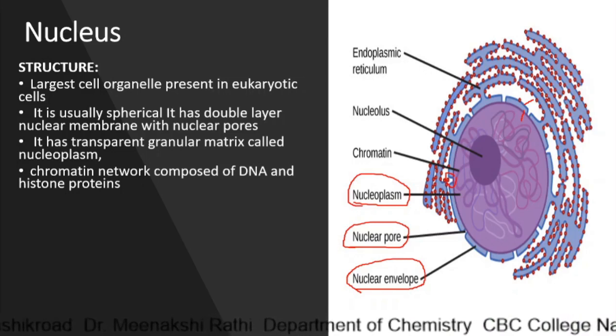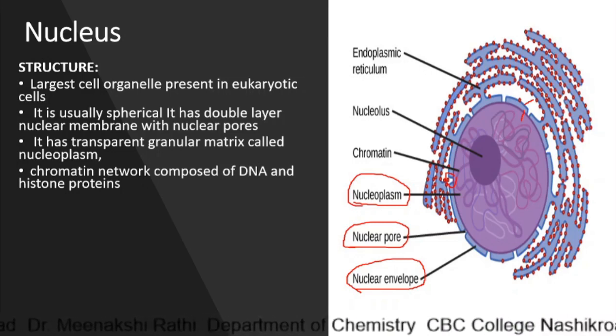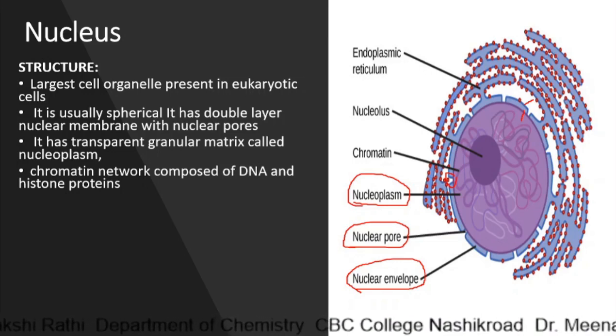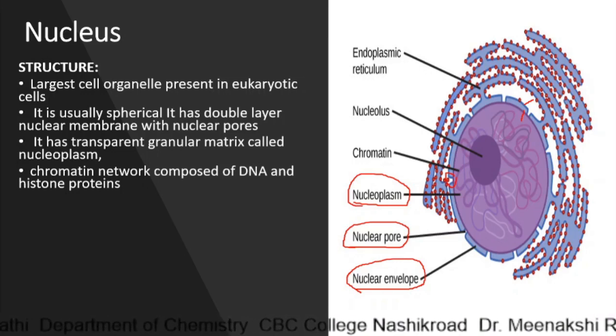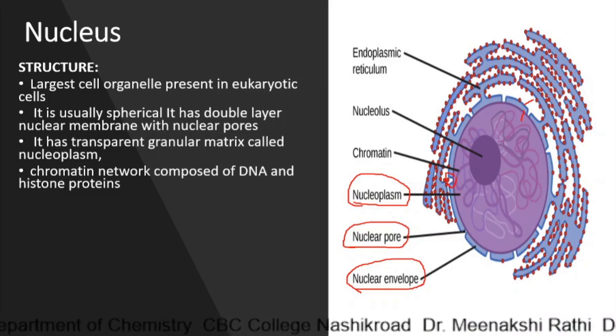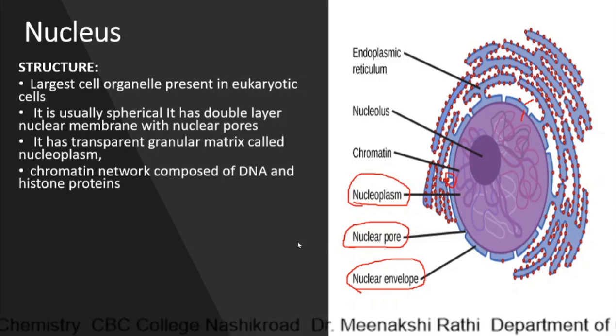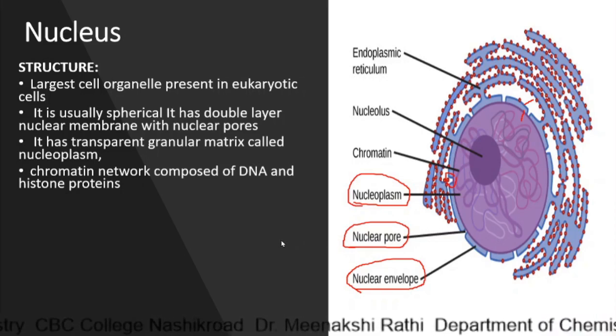Eukaryotic DNA is associated with basic proteins in the ratio of 1:1 to form nucleosomes, and the assembly of nucleosomes is called chromatin.